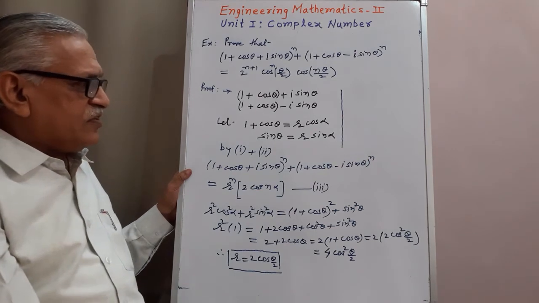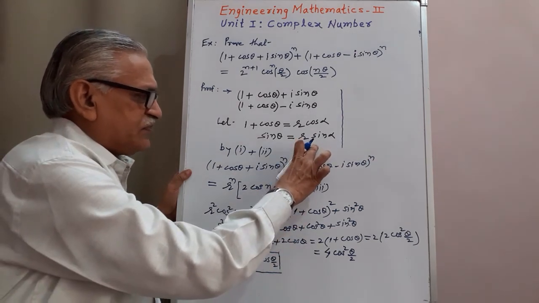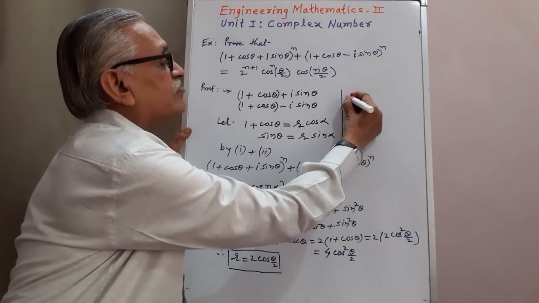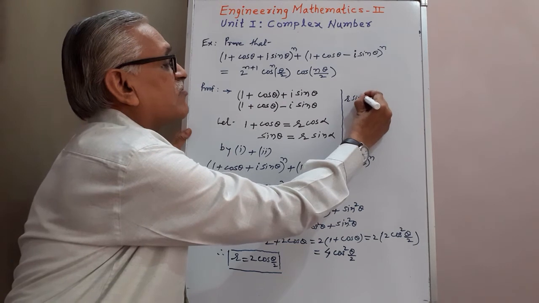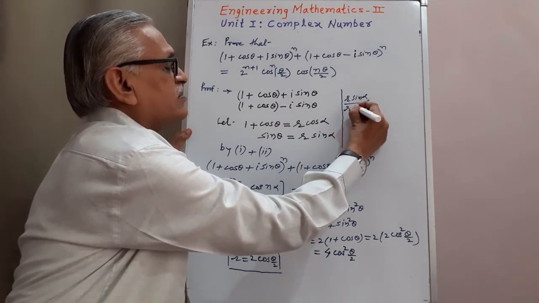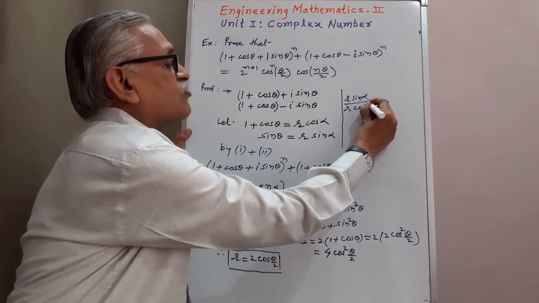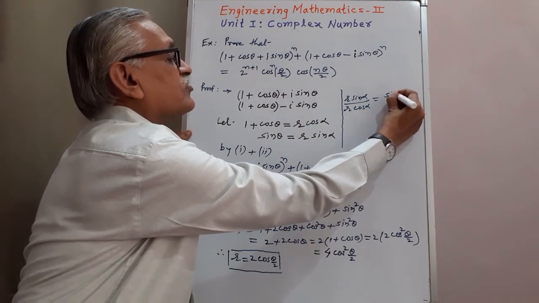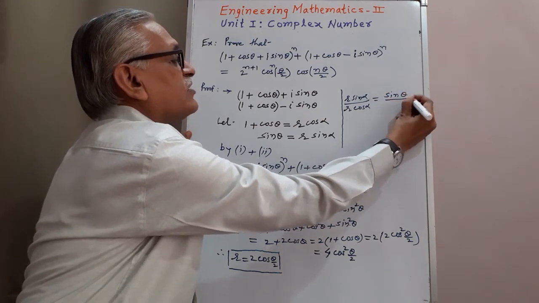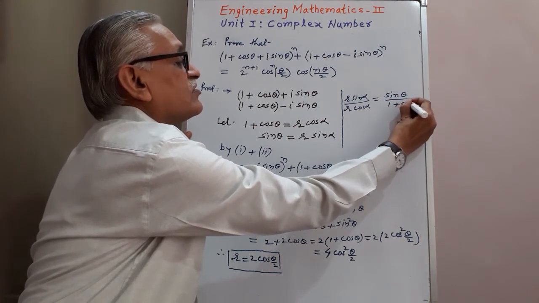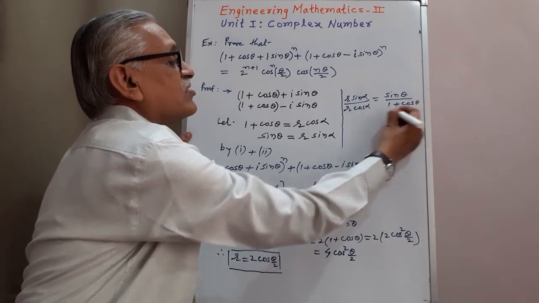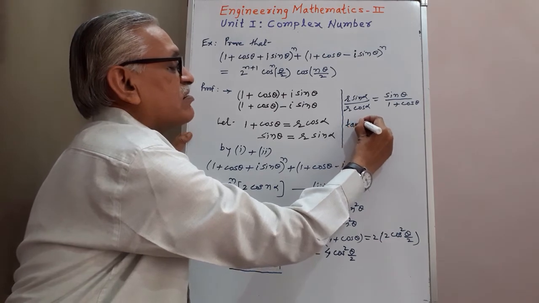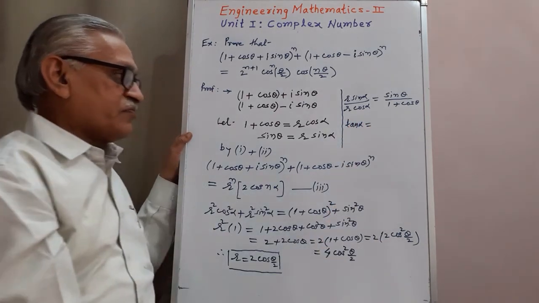To find the value of α, we take the ratio. r sin α divided by r cos α is equal to sin θ divided by 1 + cos θ. The r cancels, and sin by cos gives tan α.